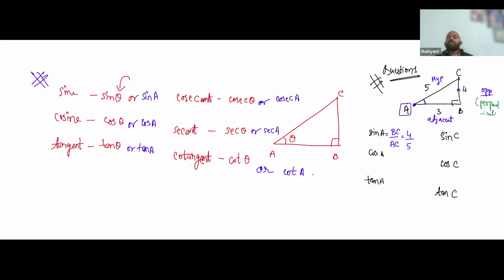This opposite is sometimes called the perpendicular, and this adjacent is known as the base. Clear? And this is base, and hypotenuse is fixed. There is no change in the hypotenuse, the longest side.